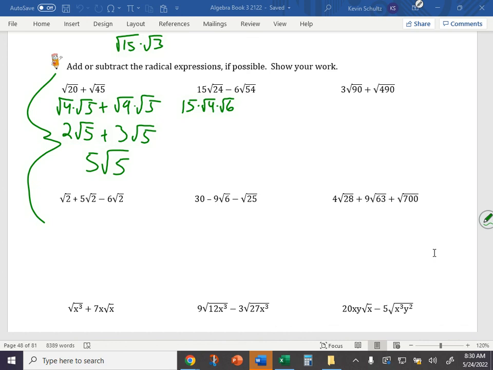We're not going to multiply 4 and 6 to get 24 because that's where it just came from. We get that perfect square factor because this 4 can become a 2. When you combine that 2 with our coefficient of 15, it allows us to get a new coefficient, 30 times root 6.